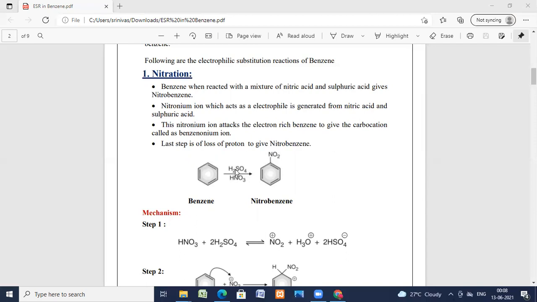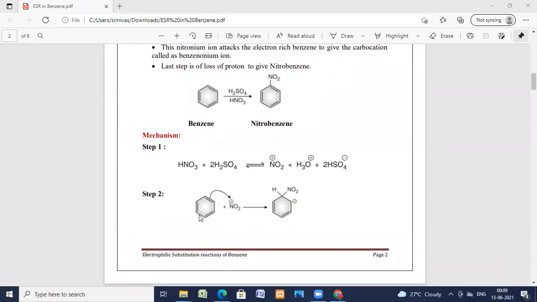The three steps involved are generation of the electrophile, second, formation of the carbonium ion, and third, formation of the final product, nitrobenzene. Here benzene is getting nitrated. Now we'll see the mechanism stepwise.